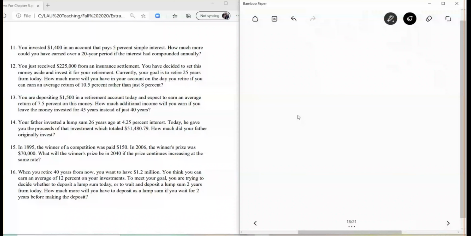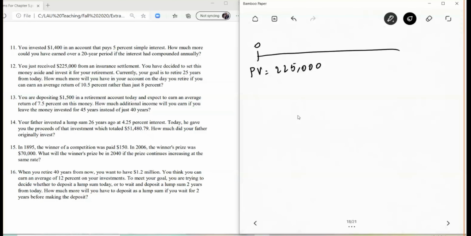Number 12, you just received $225,000 from an insurance settlement. You have decided to set this money aside and invest it for your retirement. So at time t equals 0, you have a PV of $225,000 that you're gonna invest.